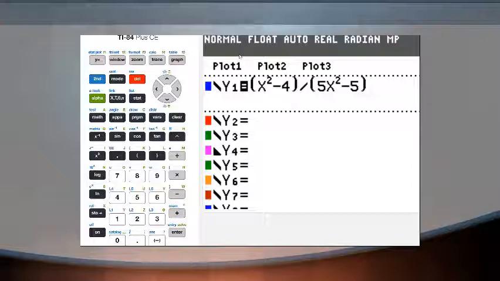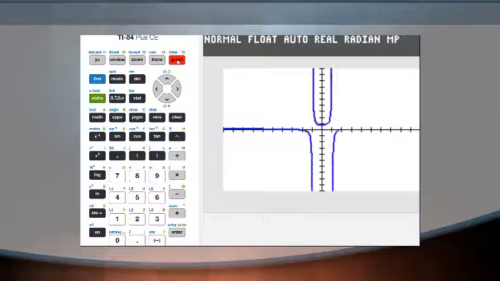All right, well, moving over to the graph, I see I've put in my function, x squared minus 4, divided by 5x squared minus 5. Let's see if we got our graph, and we'll see if our calculations seem to be correct. Okay. We determined that there should be a vertical asymptote at -1. Well, there looks like 1 right there. That looks pretty good.